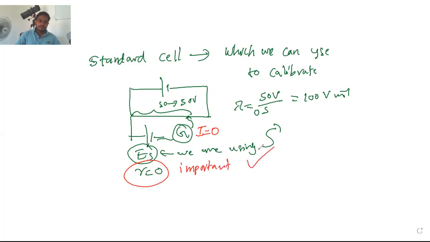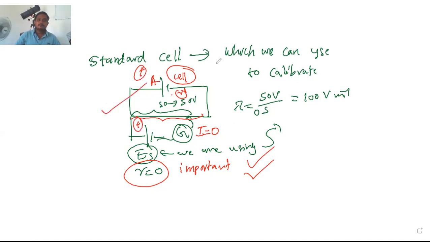So that is correct. Second one, the balance point depends on the internal resistance of the A cell. This is the A cell, so it depends on the internal resistance. Yes, if the internal resistance increases, this value decreases. That is also correct. All the batteries of the circuit are connected in the correct manner, yes, plus and plus here.